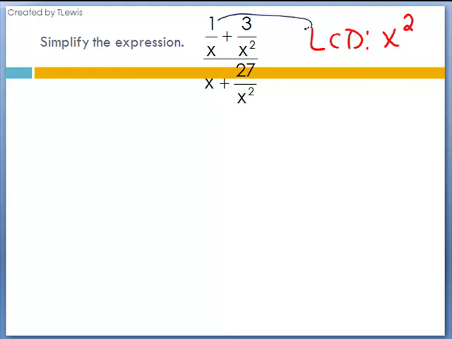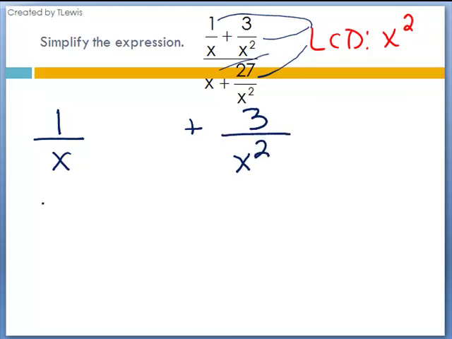So what we want to do is take the LCD and multiply it to every term we see in this complex fraction. Our goal is to not have the denominators that are in the complex fraction. So I'm going to rewrite the question over and leave some space between each term, and let's divide out those denominators.